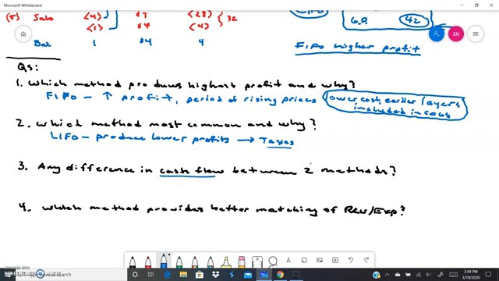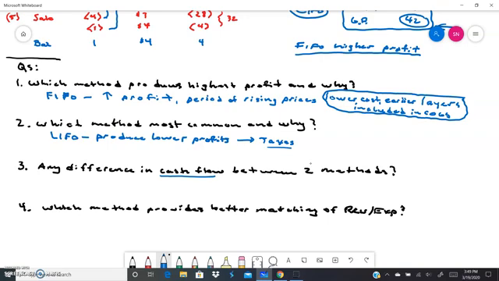ultimately it all boils down to the cash that comes in and the cash that goes out. Ultimately, a firm is going to collect cash and pay cash, and that's the key to any business.